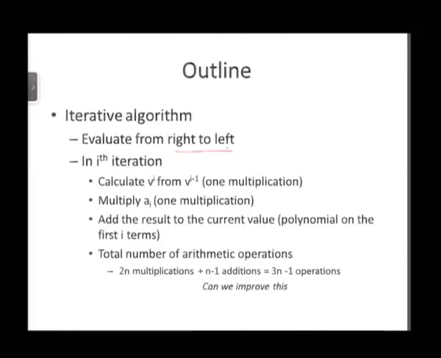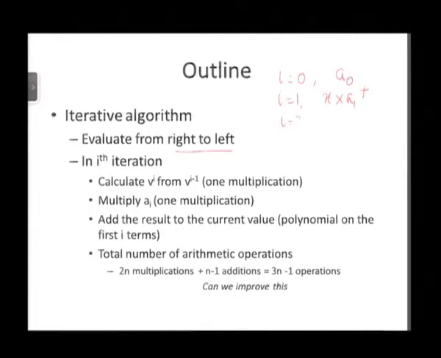You start off in the ith iteration for i equal to 0, you take the value a0, and this is the value that you have computed. For i equal to 1, you take the value x multiplied by the value a1 and perform an addition.